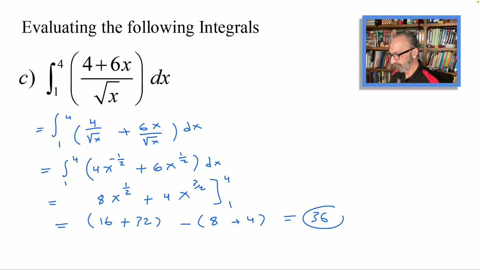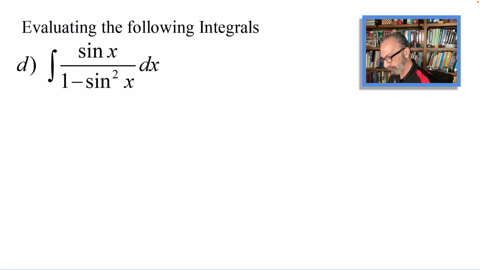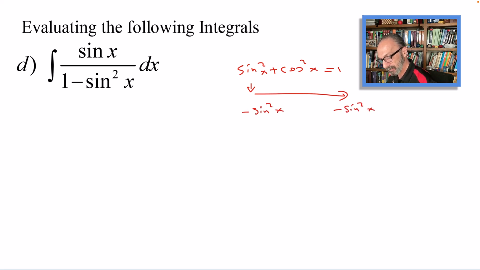Okay, now we come to the last part that has a sine and sine square. So, to do this, we know that sine square plus cosine square, of course with x, equals 1. Subtracting sine square from both sides, minus sine square x.